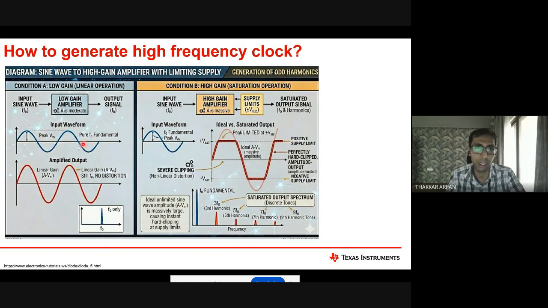So how do we do that? It is very simple. If you have a sine wave and a low gain amplifier, you will just amplify it. But if you have a limiting, high gain amplifier, when the amplitude is low it will amplify, but when it hits the supply level, it will make it kind of a square wave.